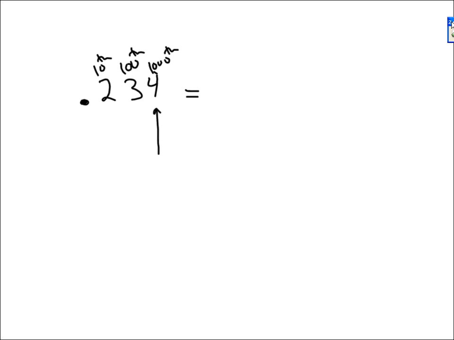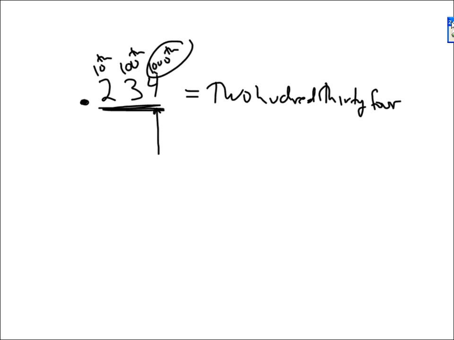So this is read by writing this number exactly the way it is, 234. It's 234 thousandths.